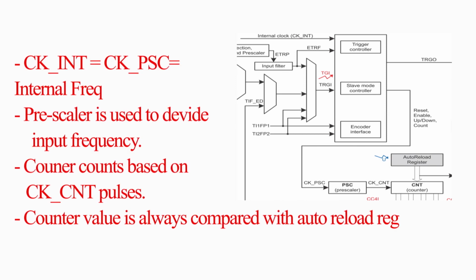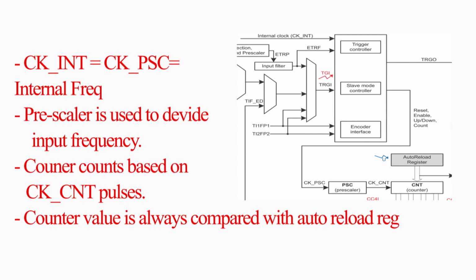Now we will see the block diagram of the timer module. Here CKINT is the internal frequency and CKPSC is the frequency input to the prescaler block. Here both are the same. The function of the prescaler block is to divide the incoming frequency and generate a new low frequency.